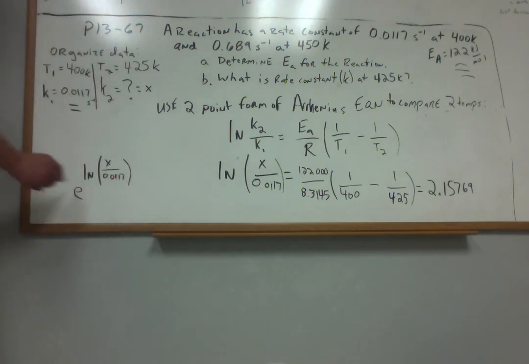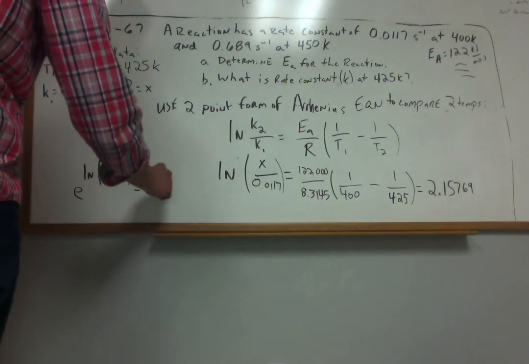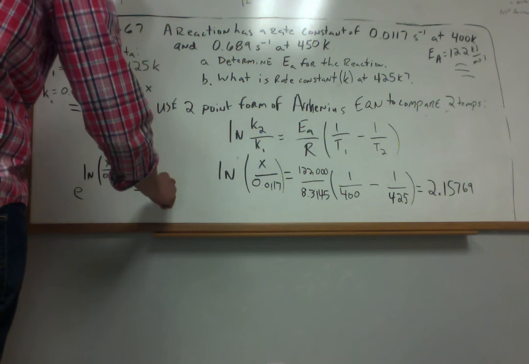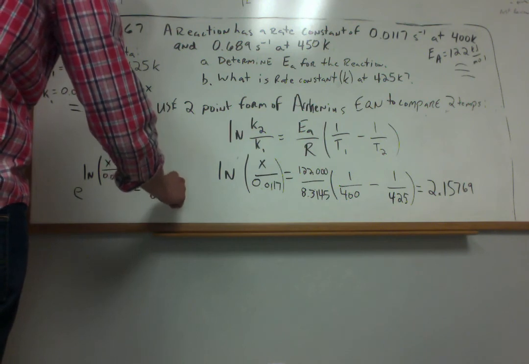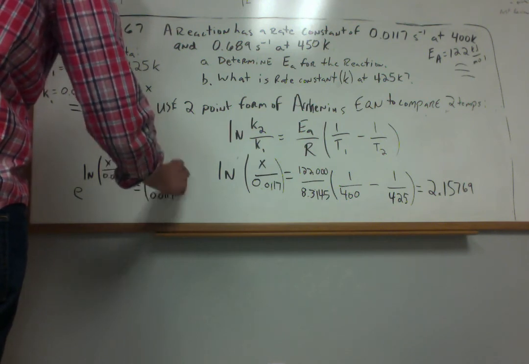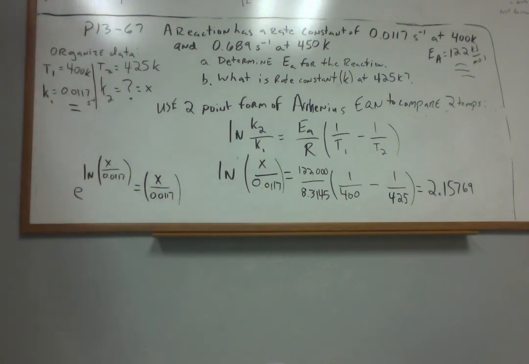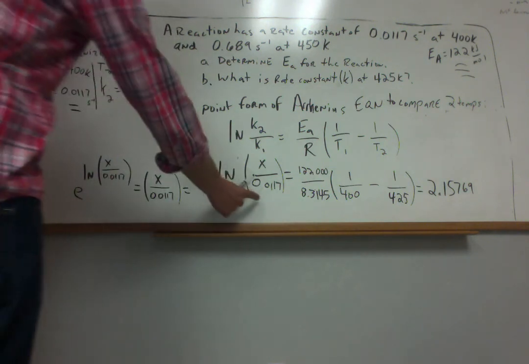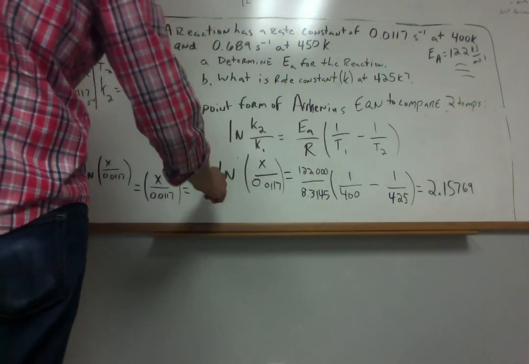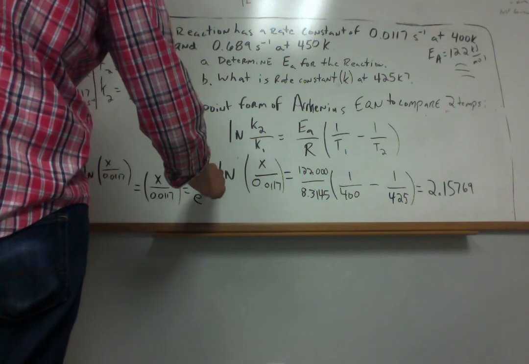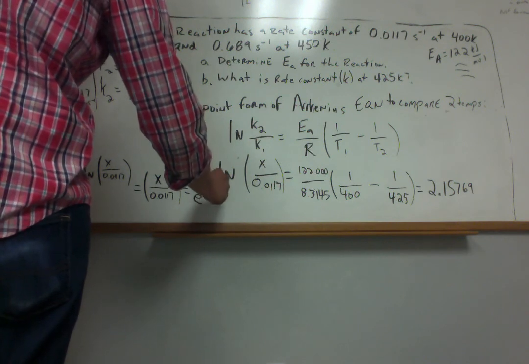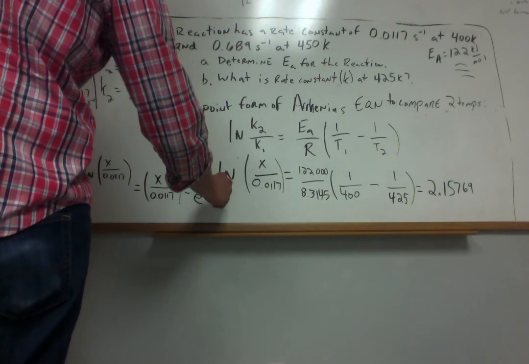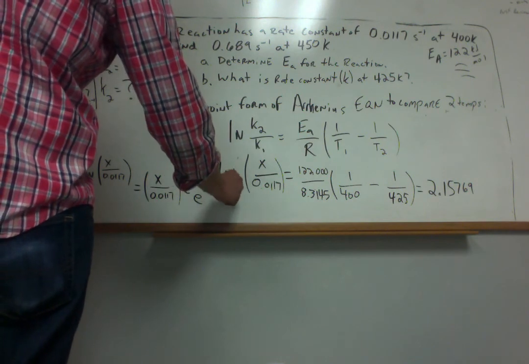When we do this operation, they negate each other, which yields just x over 0.0117, our desired ratio between our rate constants, our K's. But if I take the anti-log of one side, I also need to do it to the other side, which means I need to do e raised to 2.15769.